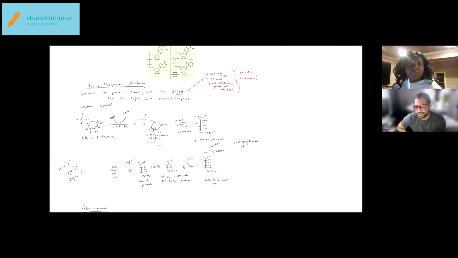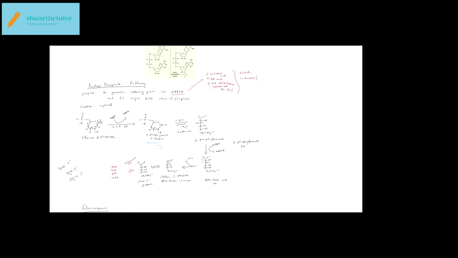Maybe in the second tier I could also add the urea cycle. And then third tier would be glycogenesis and glycogenolysis. Oh, so glycogenesis was a third tier. Okay. Well, they're still important.